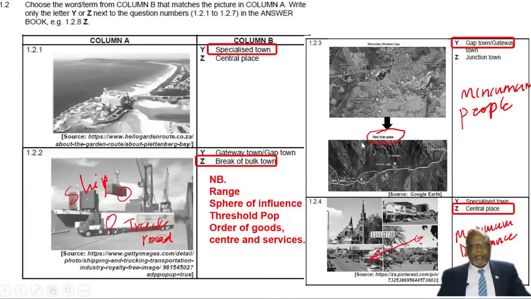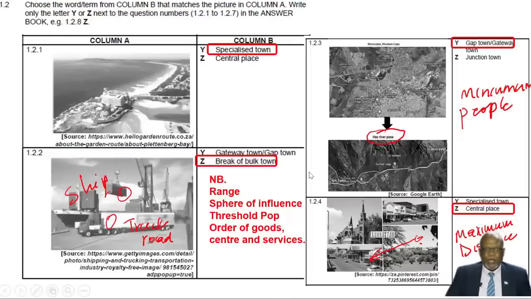For example, your local school: the sphere of influence for your school is the area where you're coming from, which is close by. But when you're looking at the sphere of influence for Wits University, it is the entire world. It gets people from all over. But it does not mean that it's going to accommodate everybody.